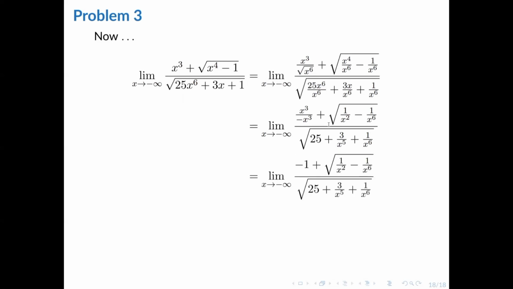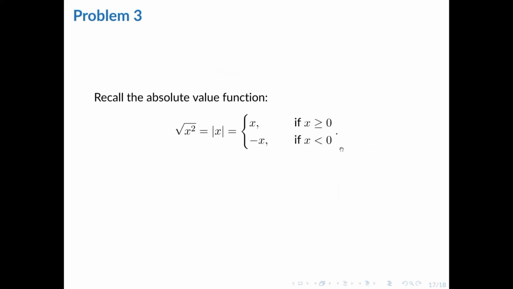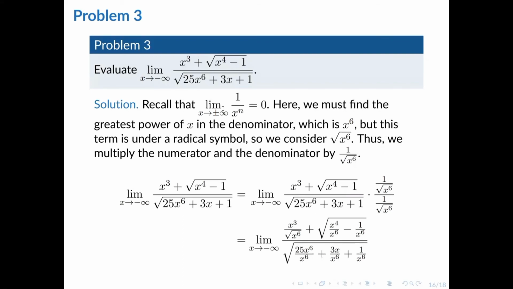So simplifying further, we get the limit of negative 1 plus the square root of 1 all over x squared minus 1 all over x raised to 6 all over the square root of 25 plus 3 all over x raised to 5 plus 1 over x raised to 6 as x approaches negative infinity. So using the rule mentioned in this slide, which is the limit of 1 all over x raised to n as x approaches positive or negative infinity is equal to 0.